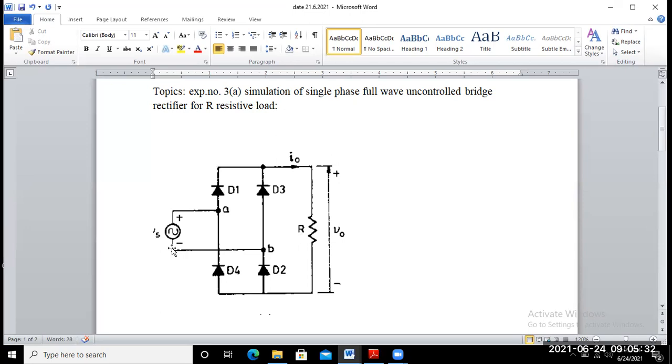We already know that variation. So corresponding to this input voltage, we also observe the output voltage waveform, the output current, and the voltage across the various diodes.